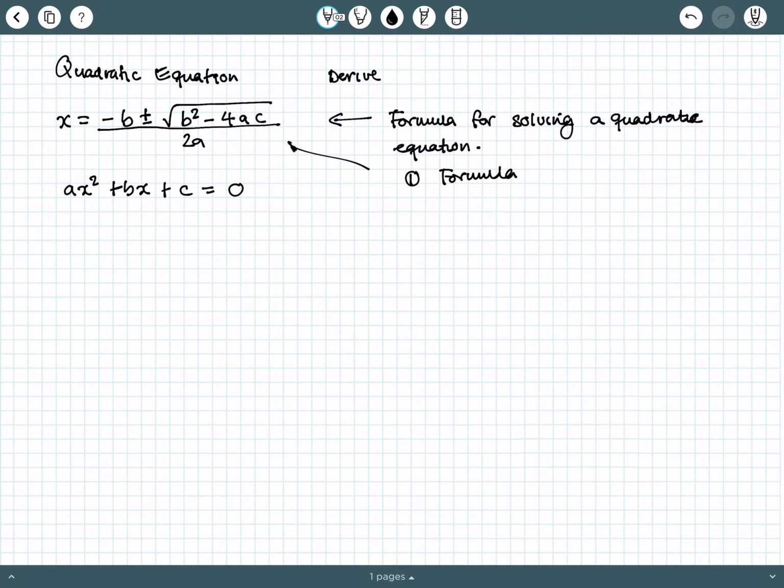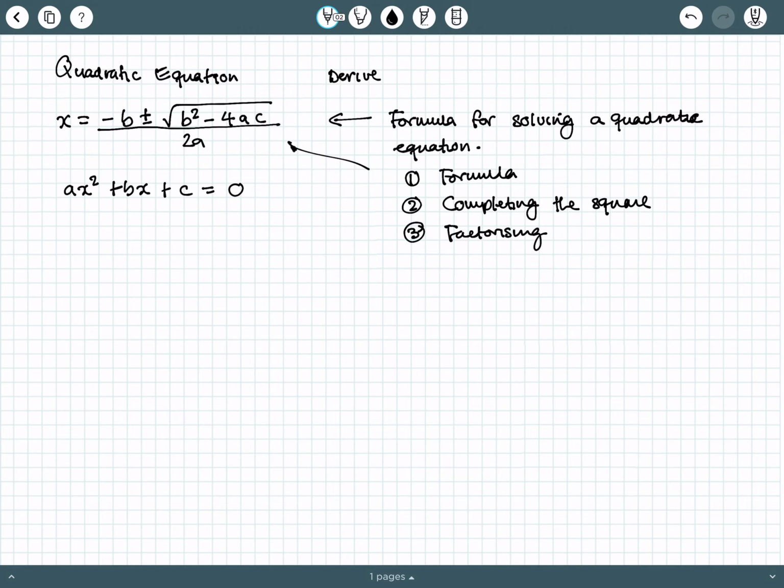Surprise, surprise. Second one is called completing the square. And the third one is called factorizing.